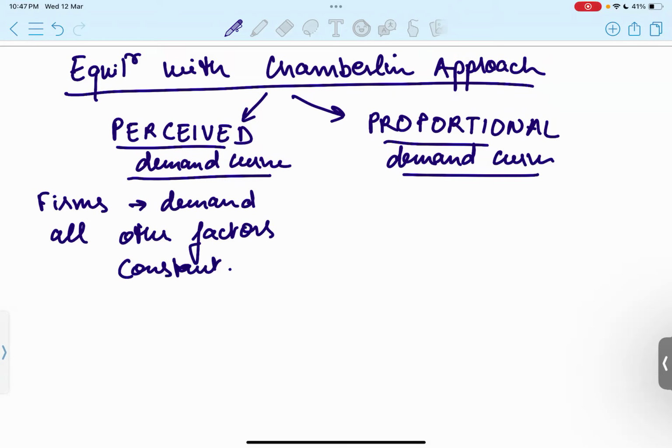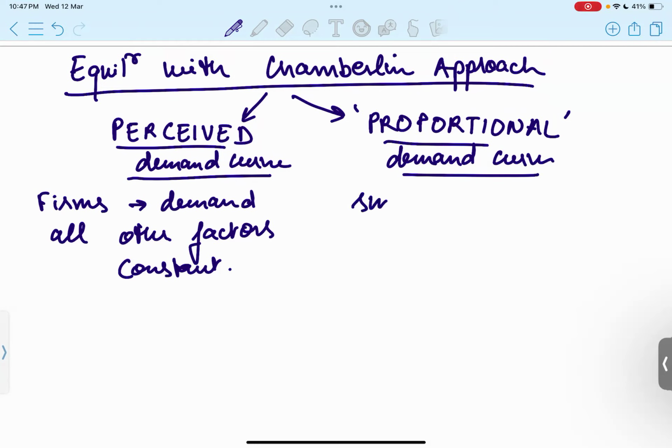The proportional demand curve shows the demand for the product when the price of all the firms is changing simultaneously. So that change is happening at the same time, in the same direction and in the same amount. That is why the name proportional is there. The proportion remains the same, it is not changing for the firm.